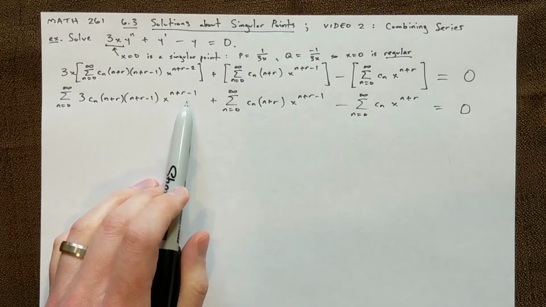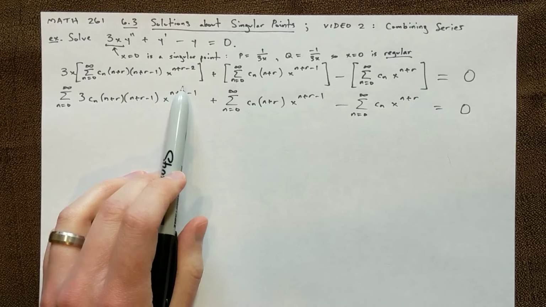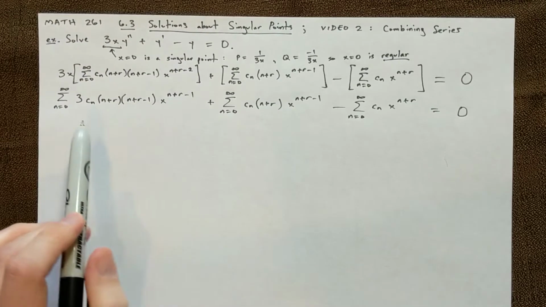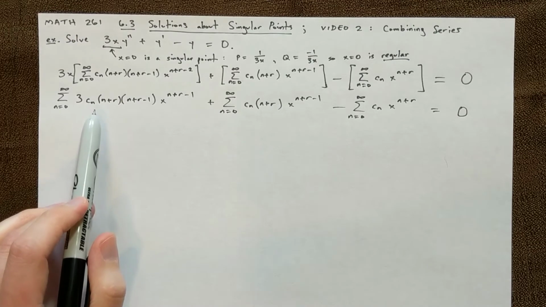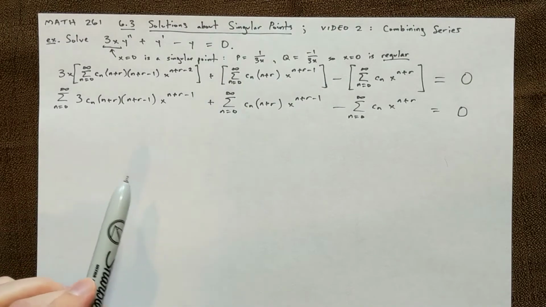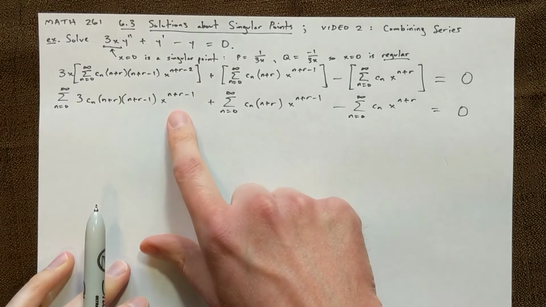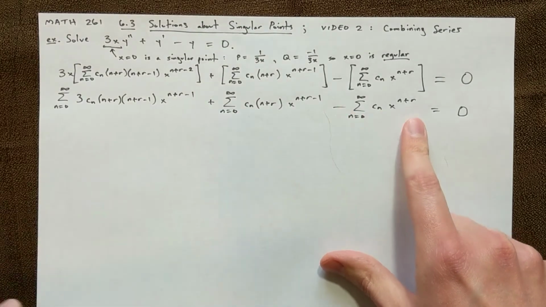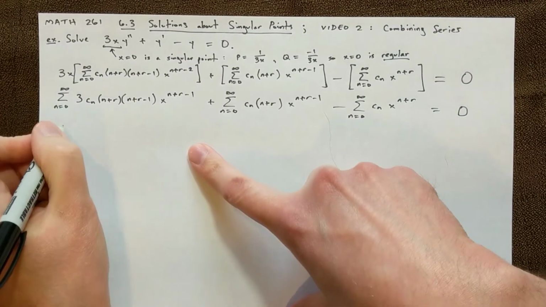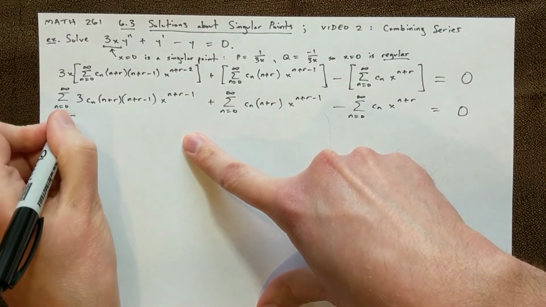I'm going to end up causing a lot of headaches for myself if I let k be this exponent, because then k is a function of both n and r, and so then cn would have to be somehow related to both k and r, which is going to be annoying. So before I do that, I want to deal with these r's that are showing up in the exponents. And so the way I'm going to do that is I'm going to factor x to the r out of absolutely everything.